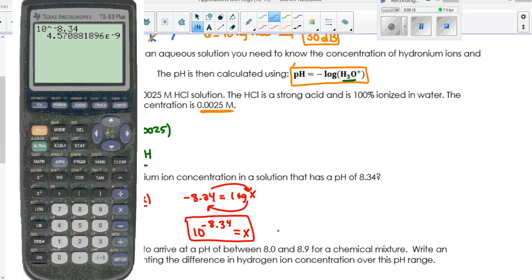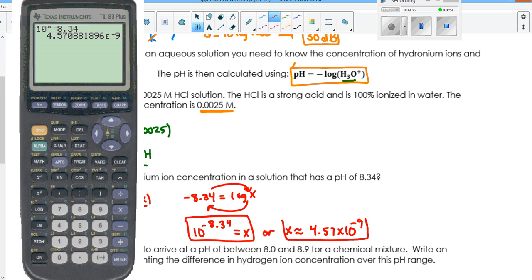Or you can say that x is about 4.57 times 10 to the negative 9th. Okay, so either of those answers is fine. I feel like this is a little bit more complicated because you have to use scientific notation. Remember, scientific notation only has one number to start with, and then that E is your times 10. Okay?